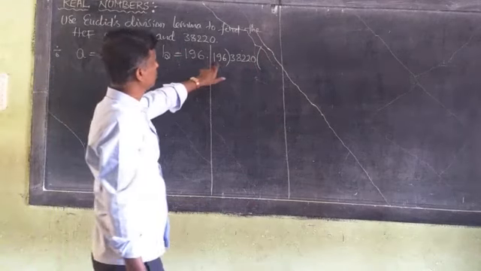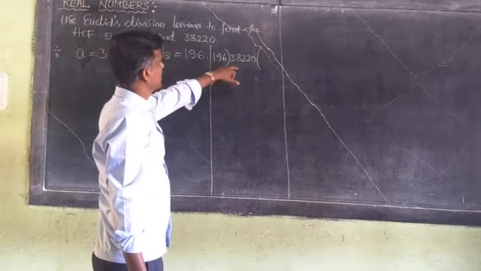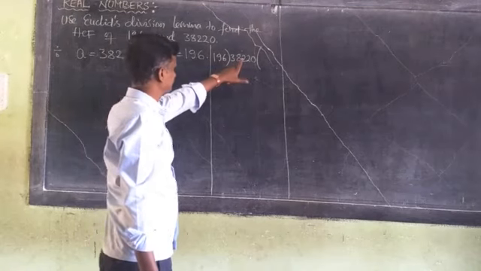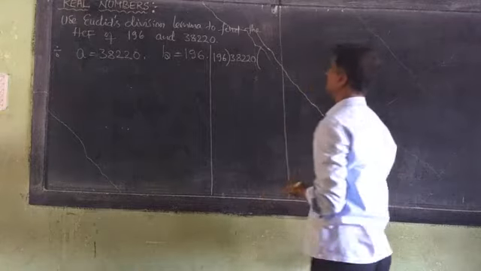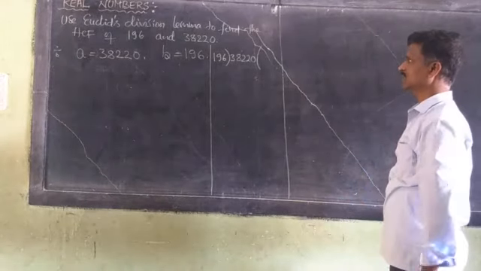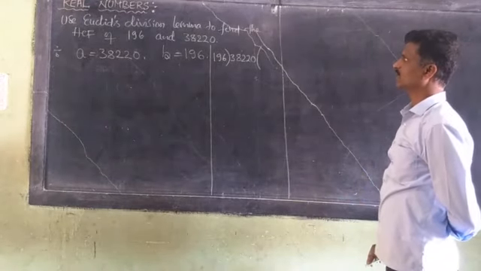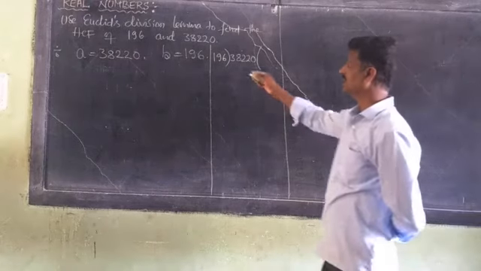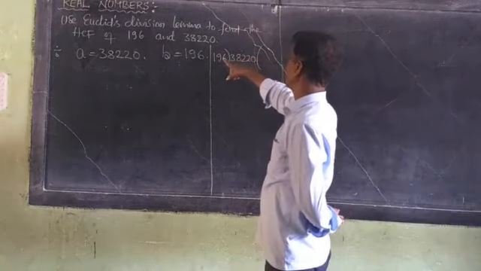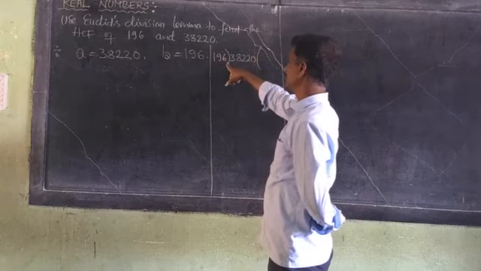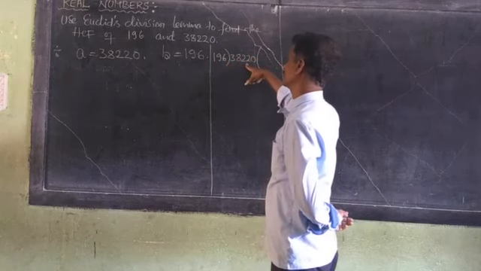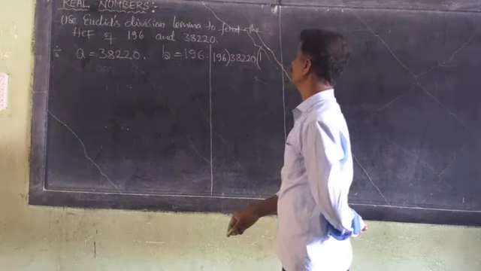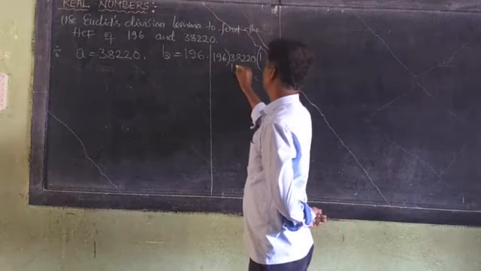Is 196 twos more than 382 or less than 382? No, it is more than 382. Therefore, we have to consider 196 ones, which is 196.